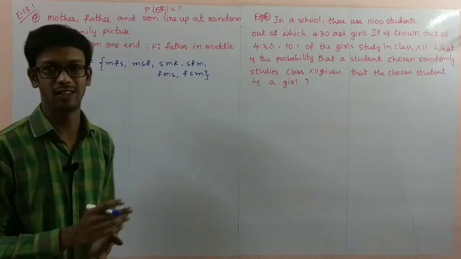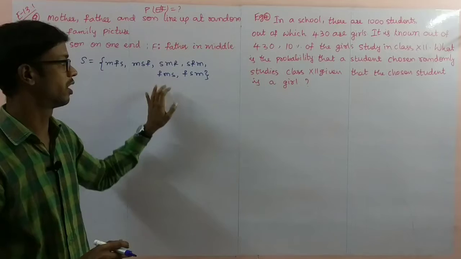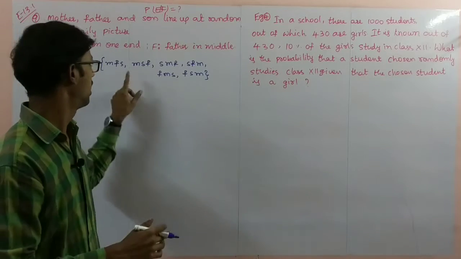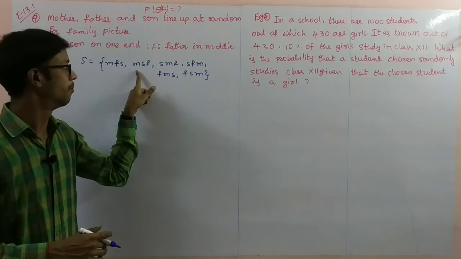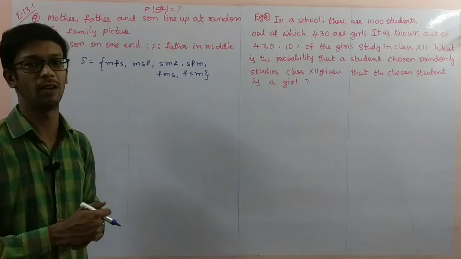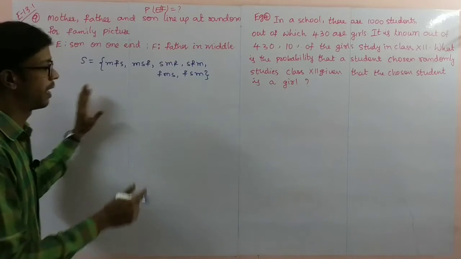More possibilities are not there. Only 6 possibilities you will get. This is the sample space.